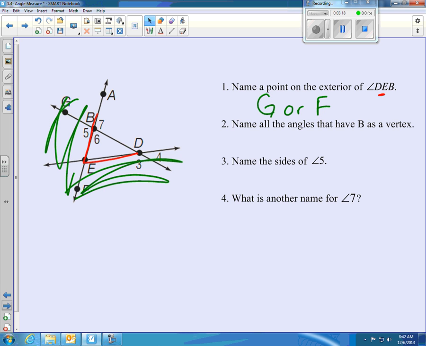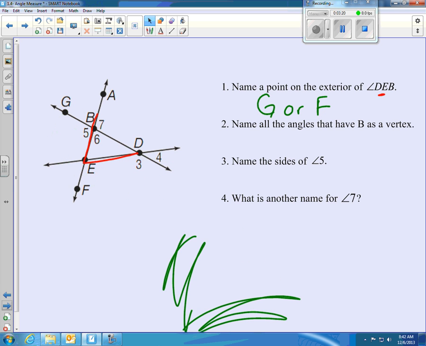Okay, so now number 2 says, name all the angles that have B as a vertex. Okay, you'll notice that we have letters and we have numbers in here. And the letters, if you use 3 letters, that represents an angle. Or you can use the number that's between the two rays that also represents an angle. So if we look here, we have GBA.